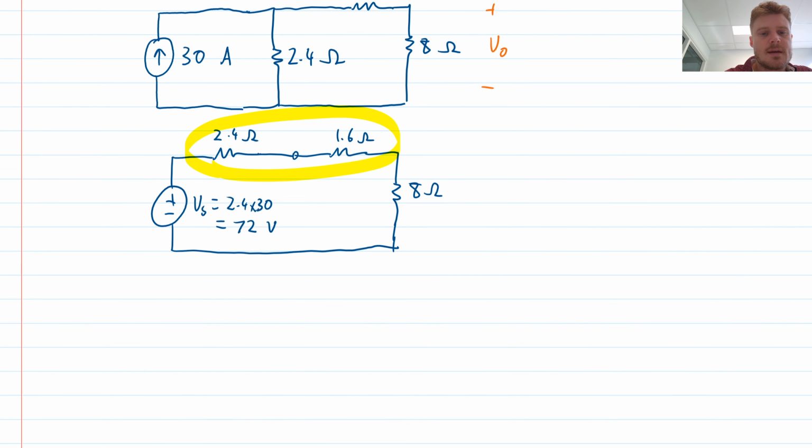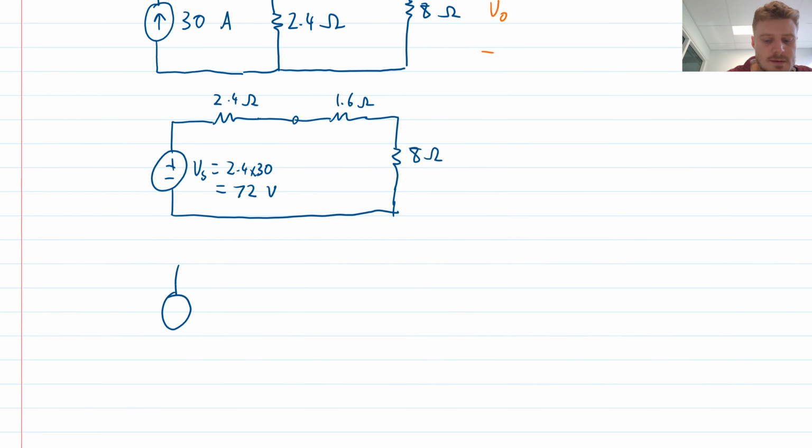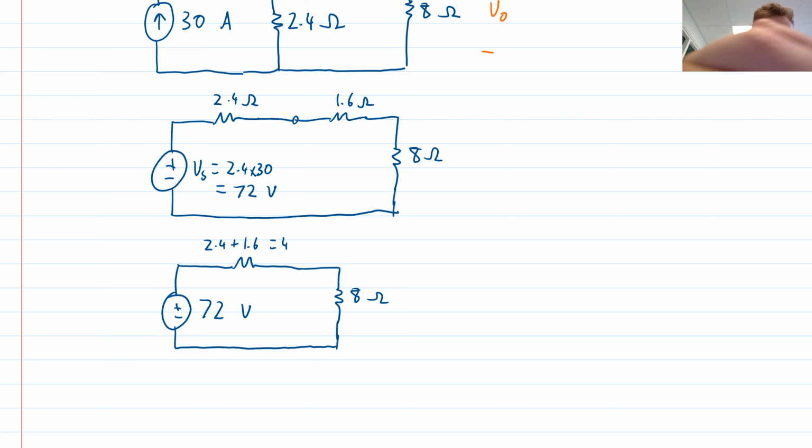I can combine these two resistors because they are in series. So continuing to draw this, I will have 72 volts. The series combination of these is 2.4 plus 1.6, which is just 4. So that was the combination of those, and then 8 ohms, like that, and remembering our output voltage is there.